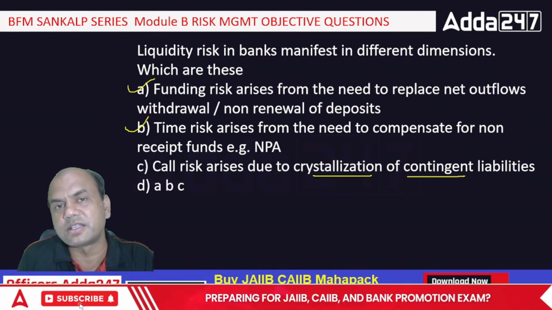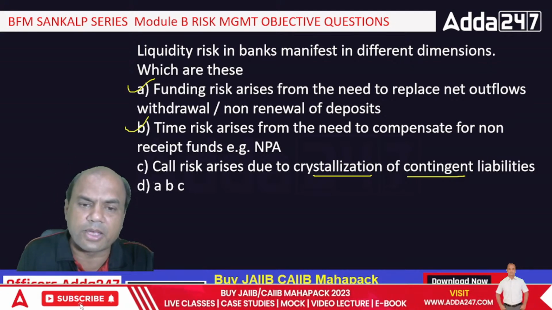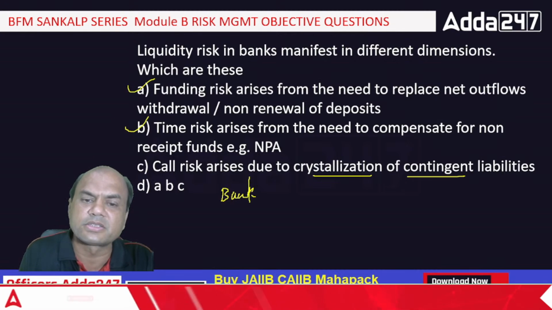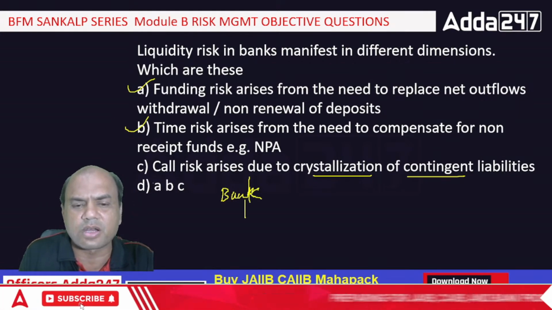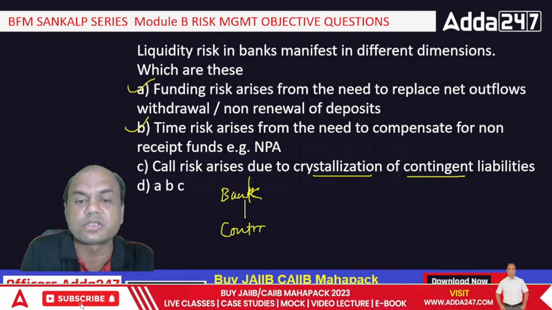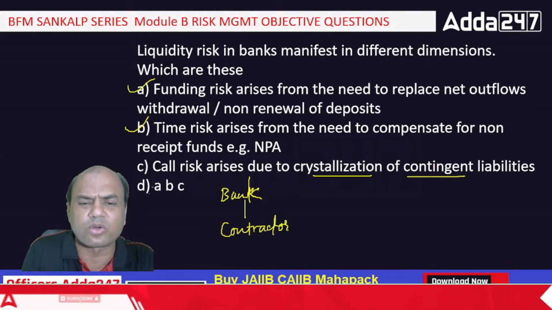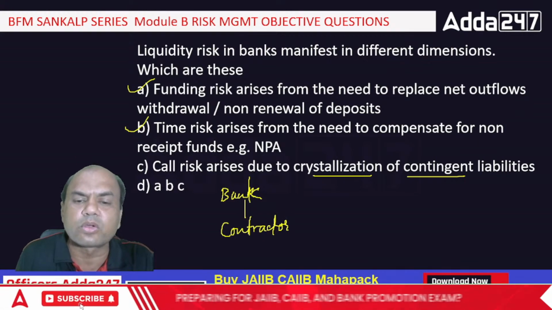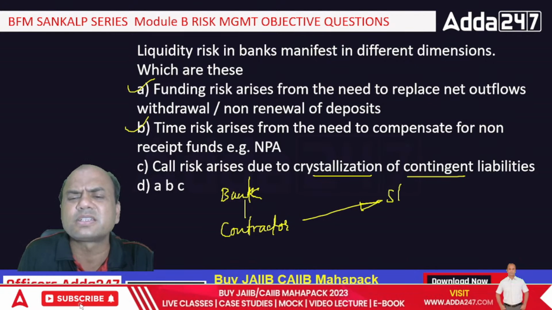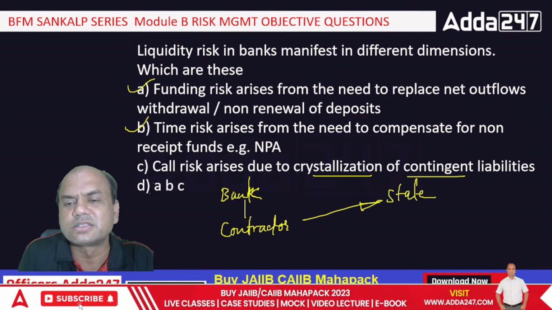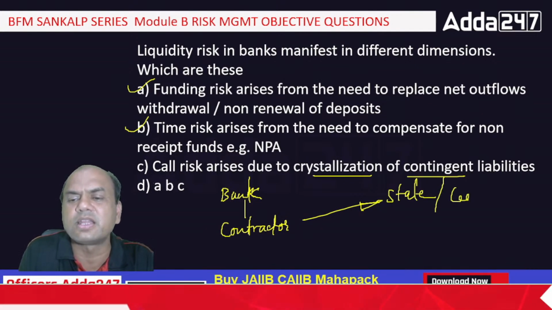Crystallization. What is crystallization? Okay, you are a bank. You have a customer who is a road contractor. That road contractor gets a contract from the state government or central government, anyone, any government you call it.